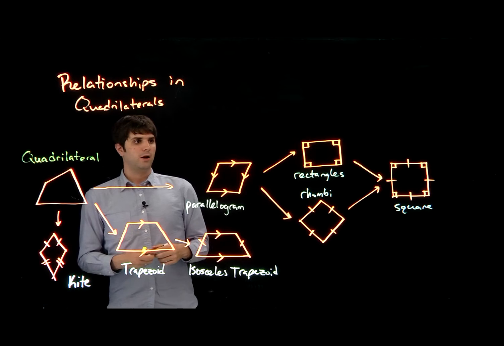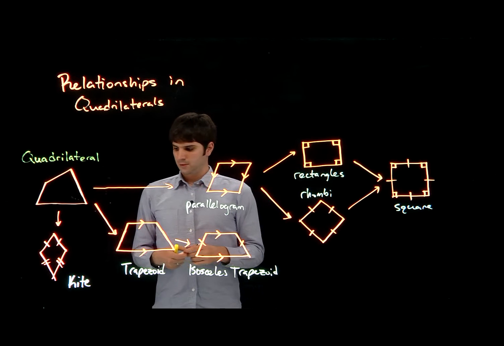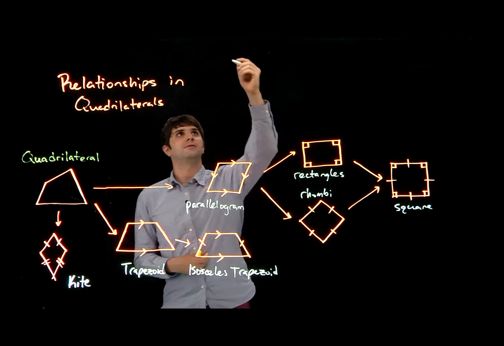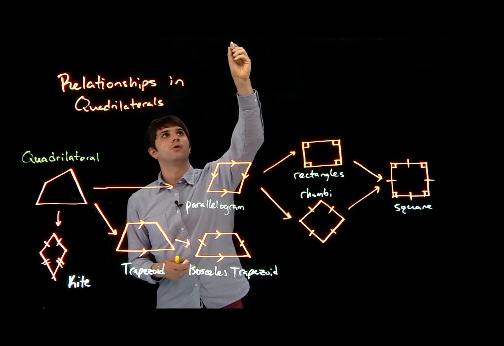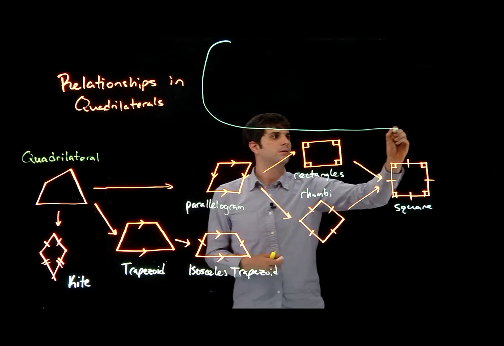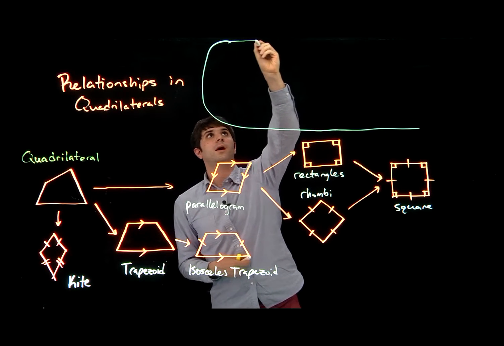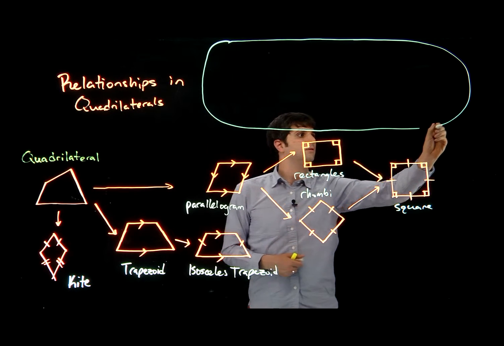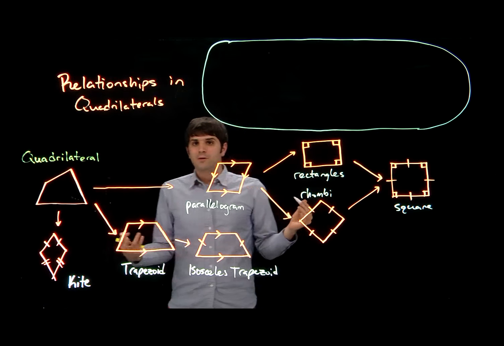Let me draw a bit of a picture here. All right, so let's say we have a very big world of quadrilaterals. Okay, so this is sort of quadrilateral land.